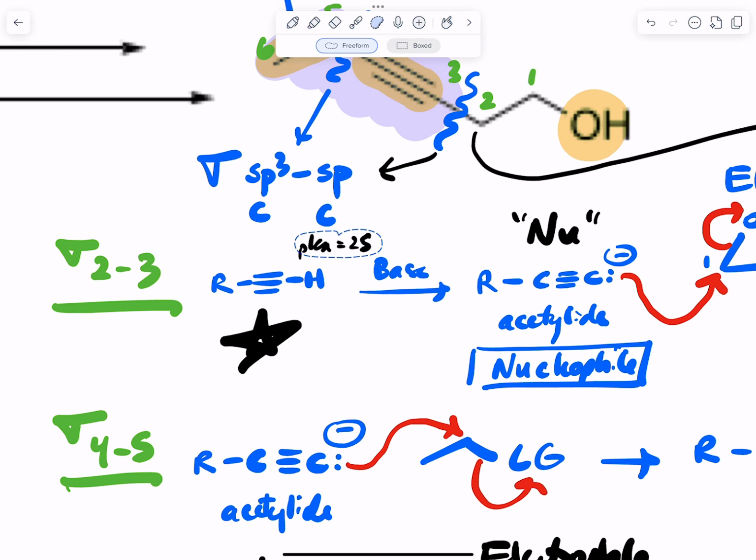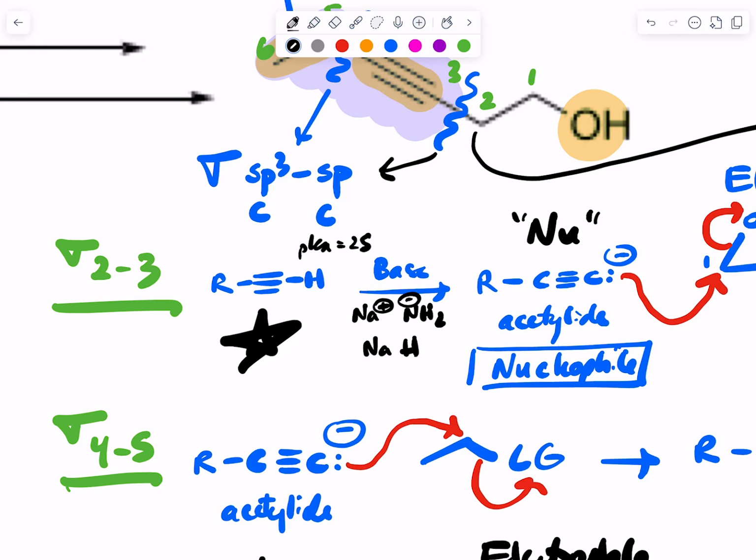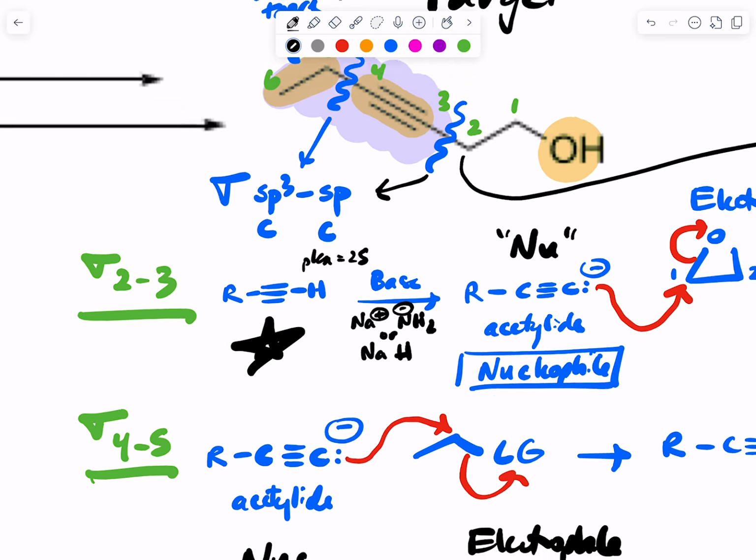So you need a base whose conjugate acid has a pKa higher than 25. So those would be potential candidates. The one that's used a lot is NaNH2 in your text, but you could also use sodium hydride, and that would work too.